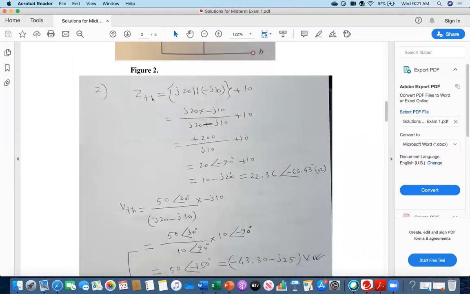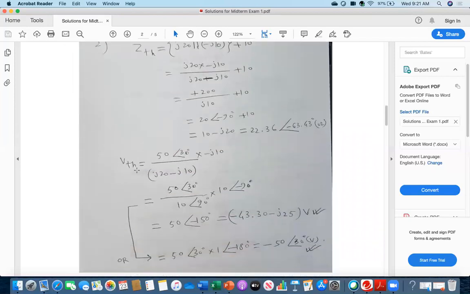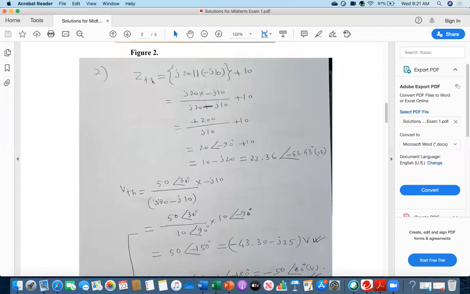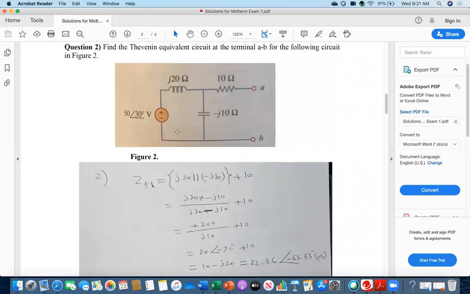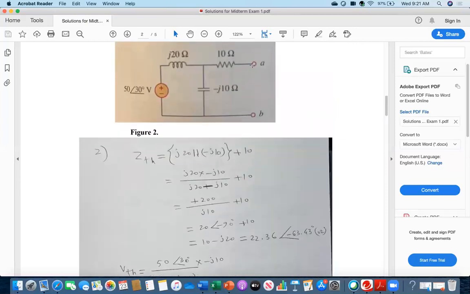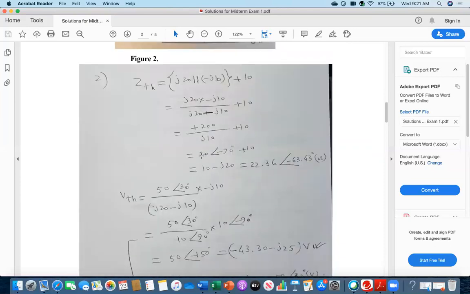That's why you see my calculation: V Thevenin, that voltage value, 50 angle 30 over the total impedance. This means j20 plus minus j10, multiplied by minus j10, because I have to find the voltage here, ultimately between this point and this point.